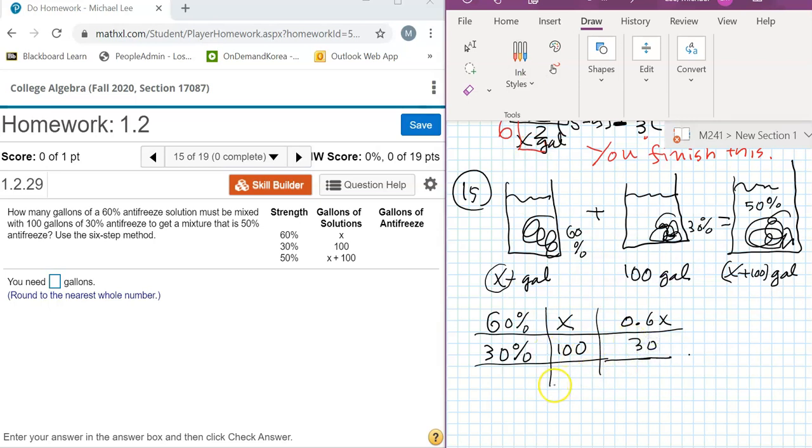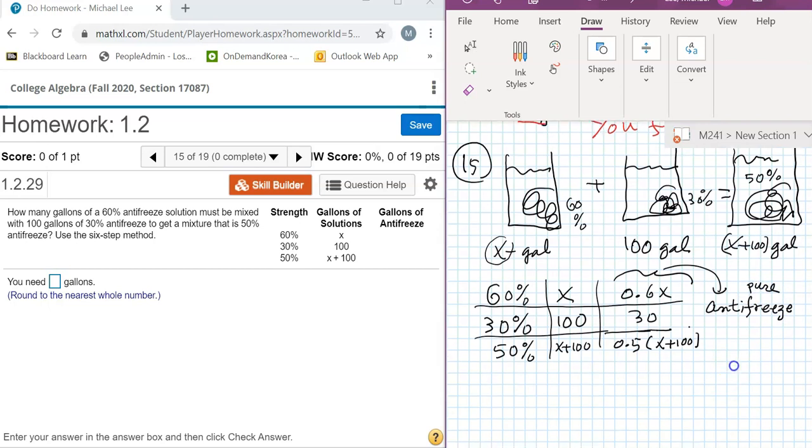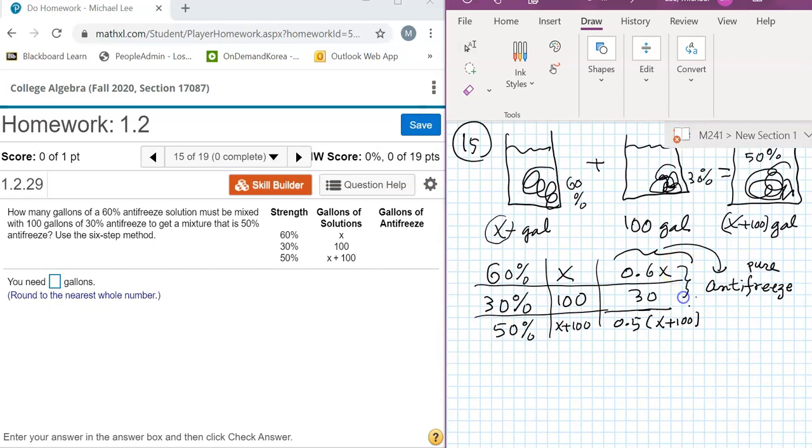What else? And then the mixture is 50%. This is X plus 100. So this is 0.5 times (X plus 100). This column is pure antifreeze, no water.